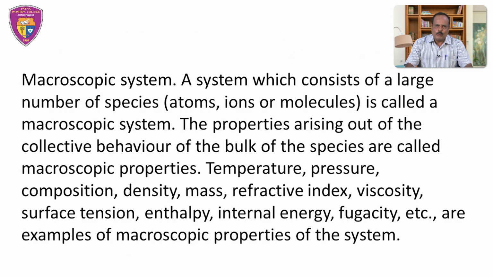Now the macroscopic properties. A system which consists of a large number of species is called a macroscopic system. The properties arising out of the collective behavior of the bulk of the species are called macroscopic properties. Temperature, pressure, density, mass, refractive index, viscosity, surface tension, enthalpy, internal energy are examples of macroscopic properties of the systems.